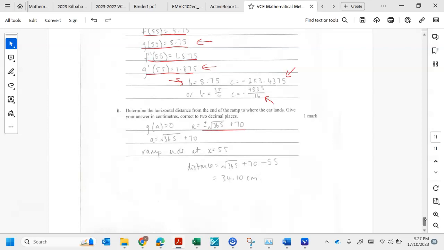A has to be greater than, what was it, 55? I can't remember now without scrolling. Yeah, 55. So the ramp ends at 55. Here's your value of A, and then you're subtracting the end of the ramp, which was at 55. So the difference is 34.10 to 2 decimal places.